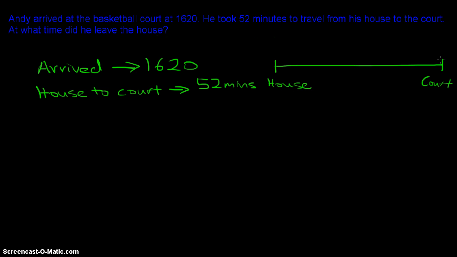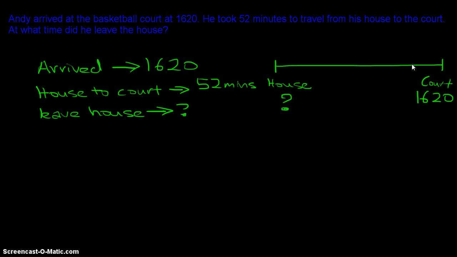You know he arrived at 1620, and he took 52 minutes to arrive there. So what time did he leave the house? This is what you're trying to find out, right?